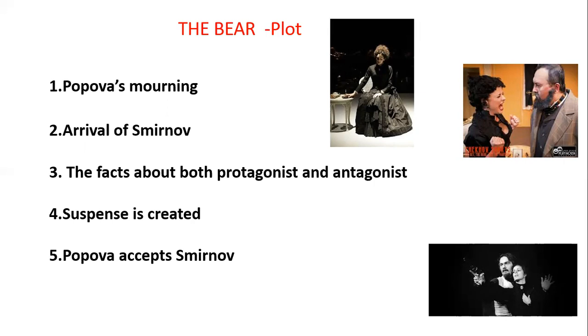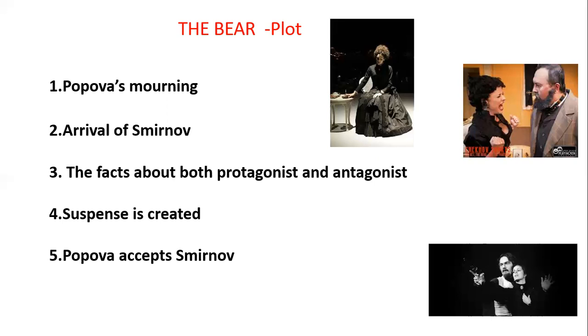Popova is mourning after her husband's death, and she takes a long period for that. But it changes after the arrival of Smirnov. So what happens there? There the playwright reveals Popova's sad mind.